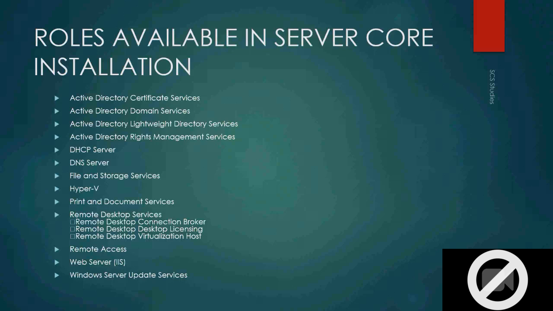We can use it for DHCP, DNS, file server, Hyper-V, print server, remote access, IIS, and WSUS, which is known as Windows Server Update Services. So these are the roles which are available in a core installation.